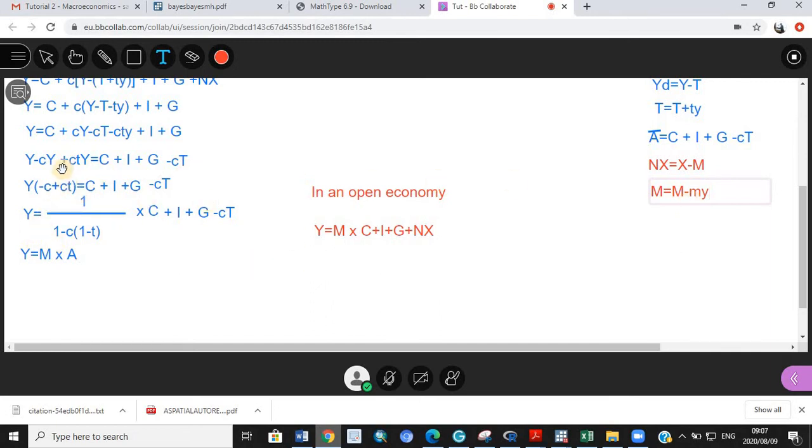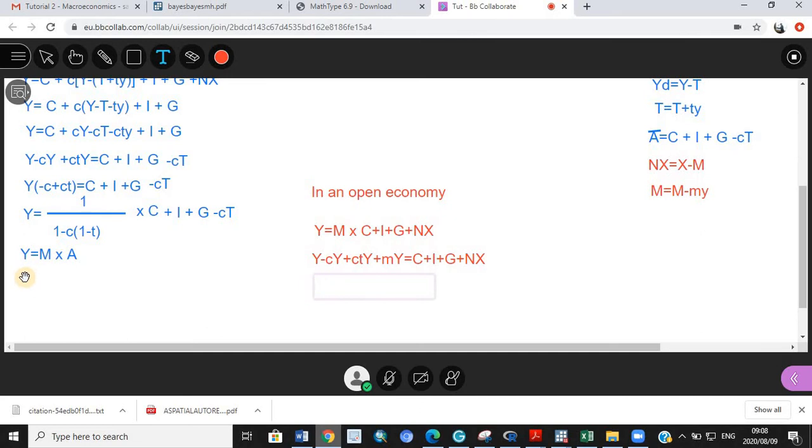So instead of just having Y minus cY plus ctY, we would add plus mY. This is going to be equal to C plus I plus G plus NX.